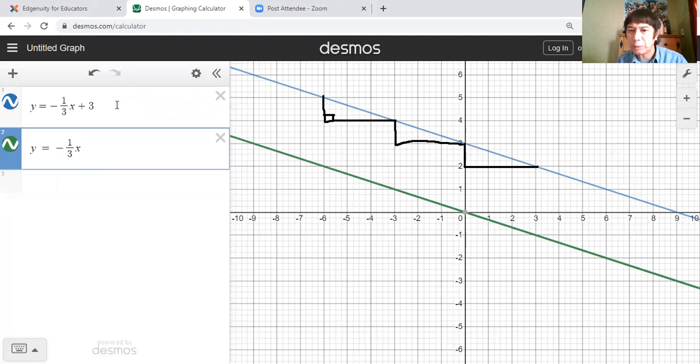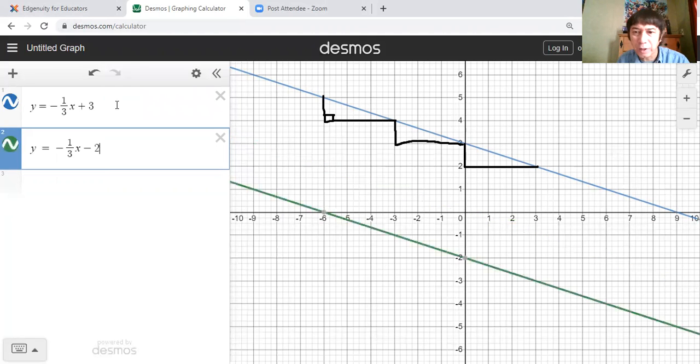Let's say, for example, it passes through the negative 2, there. Now you can see clearly the negative 2 is here. Remember, this number here is the y-intercept, the intersection of your line with the y-axis. So this negative 2 is actually this negative 2. And it's below the 0, okay.